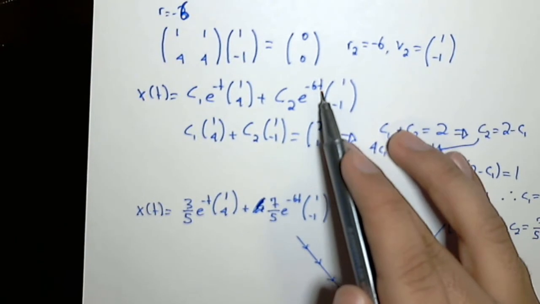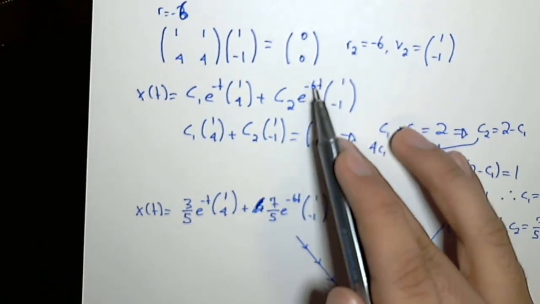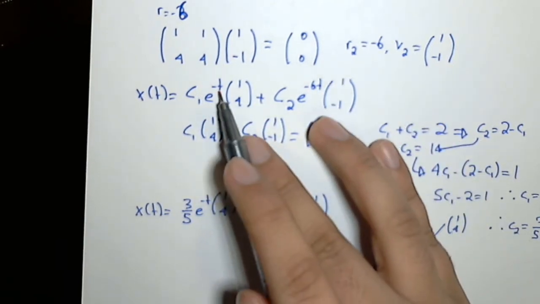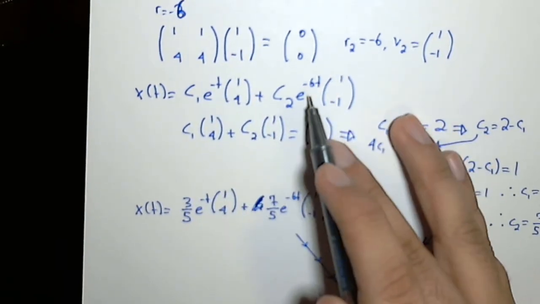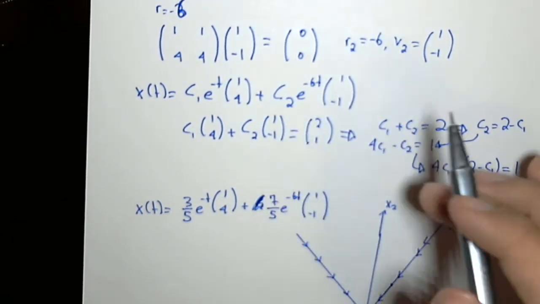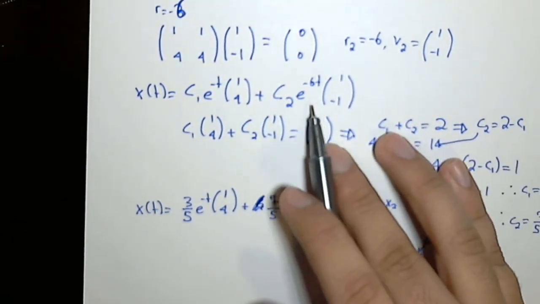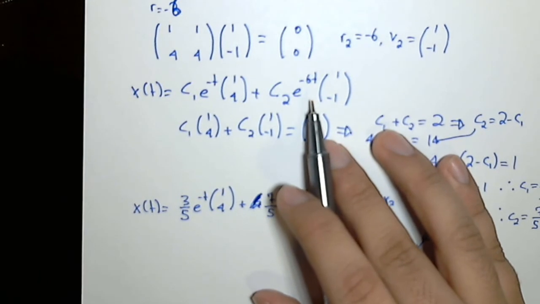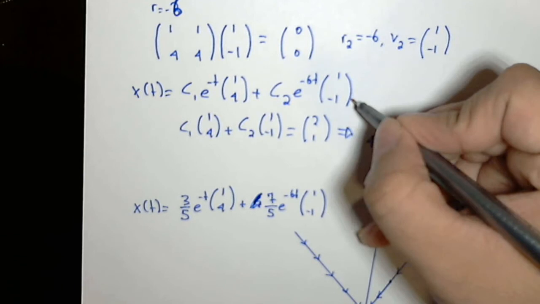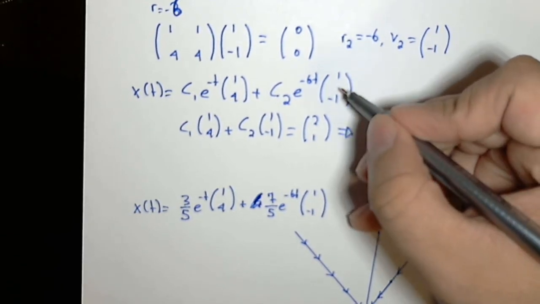Because as t is negative, this is going to be e to the 6 times the absolute value of t, which is bigger than e to the t, because of the factor of 6. So this term is going to be dominating at very, very negative values of t, which means it's going to start off parallel to this vector.